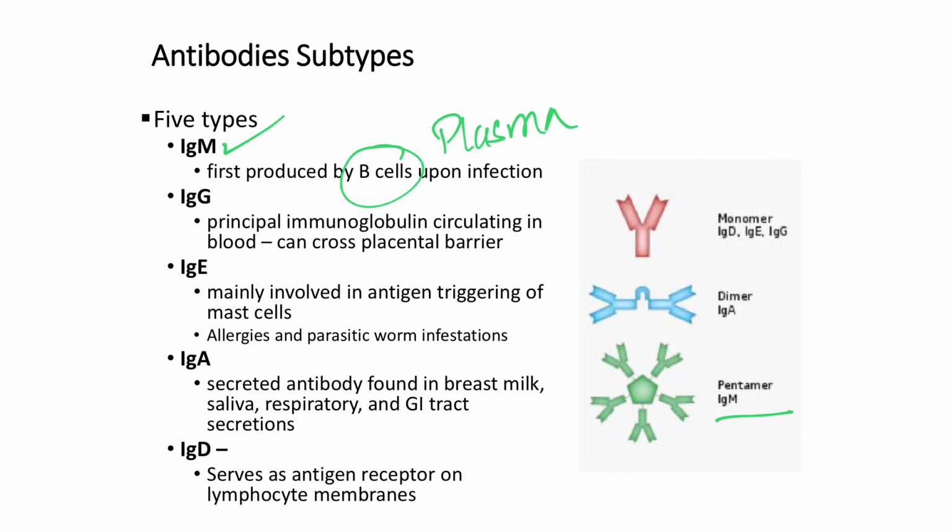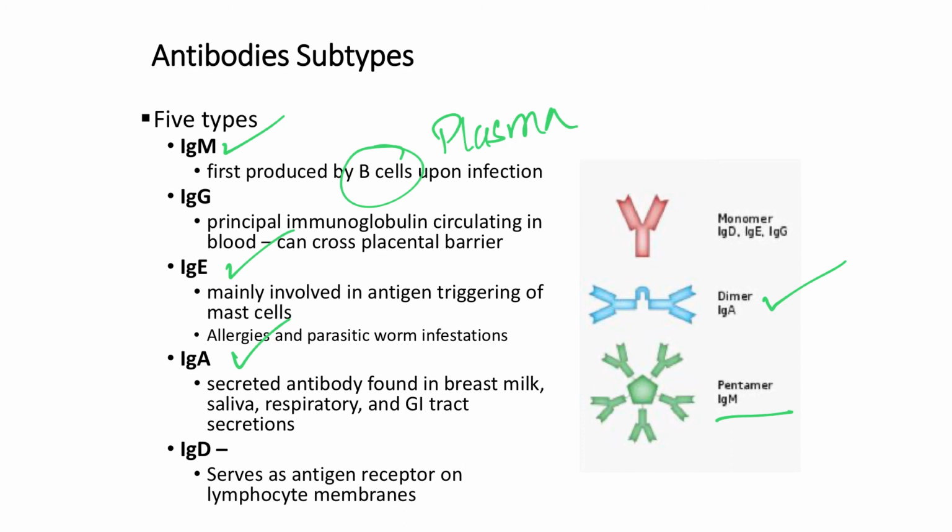So if you're allergic to peanuts, for example, that would be confirmed by finding an IgE against fragments of peanut. We have IgA, that's our only dimer. And IgA is found in various secretions like breast milk, saliva, respiratory secretions, and GI tract secretions. So that can help limit things from coming in at these various entry points.